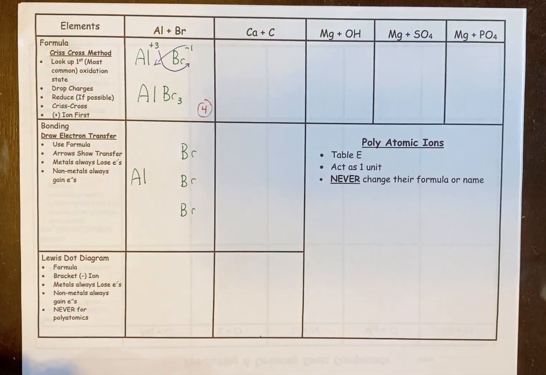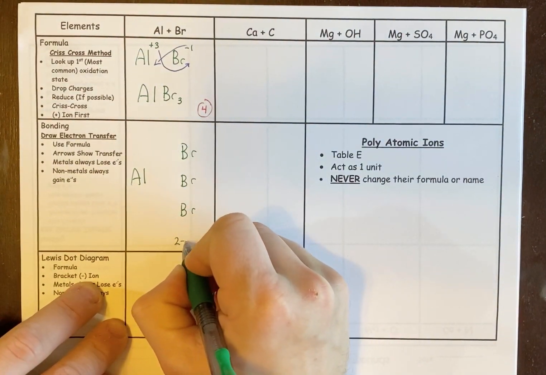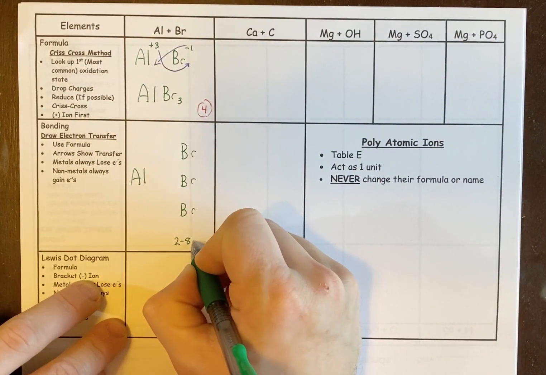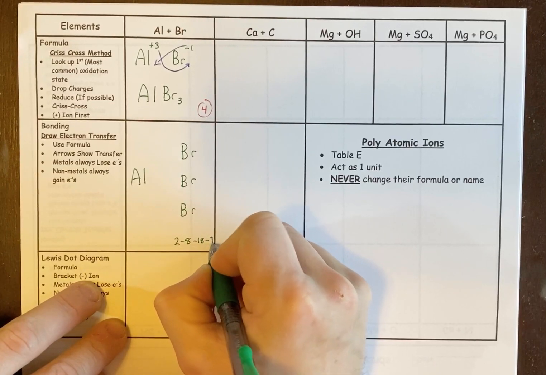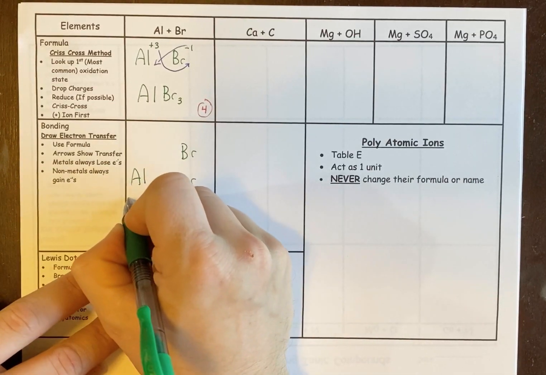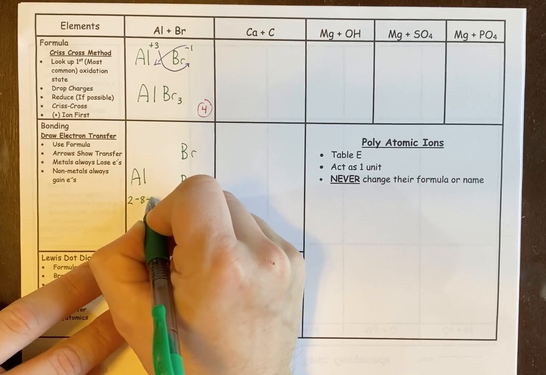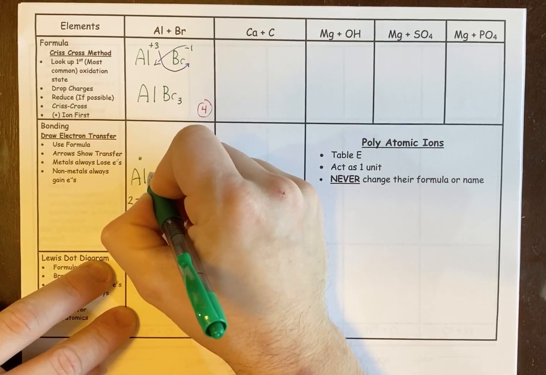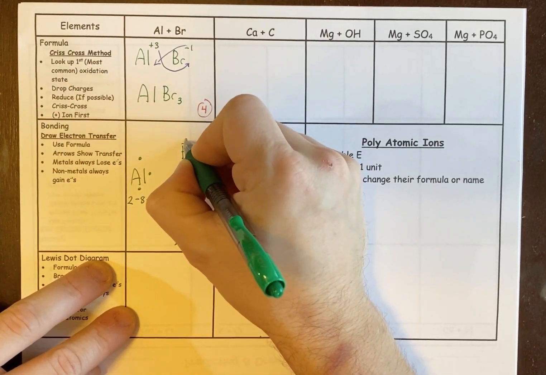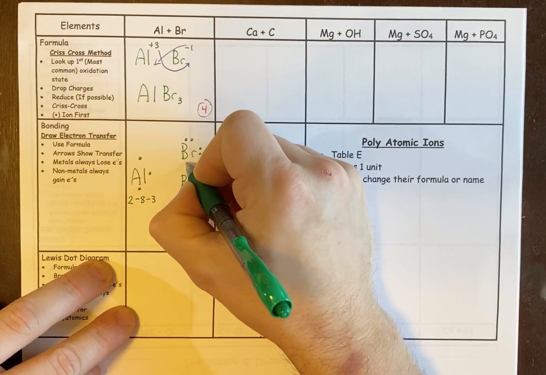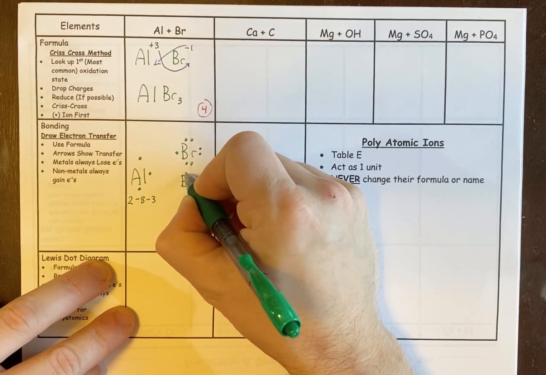The Brs are 2, 8, 18, 7. That's right off the periodic table. The Als are 2, 8, 3. So Al gets 3 dots and it wants to get rid of all 3. The bromines get 7 dots and they want to gain 1 each.